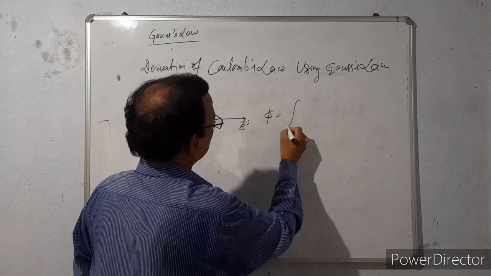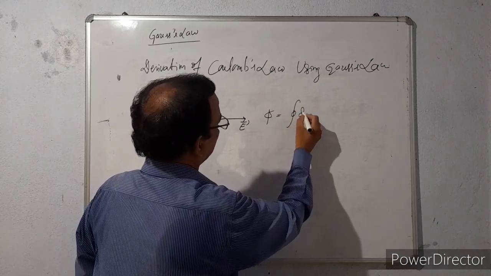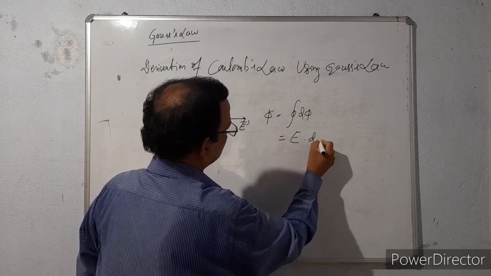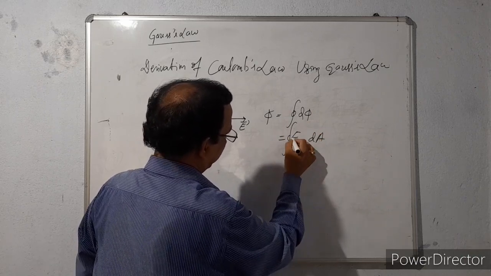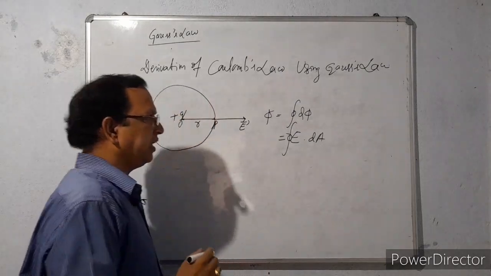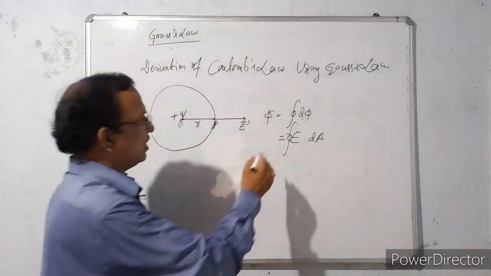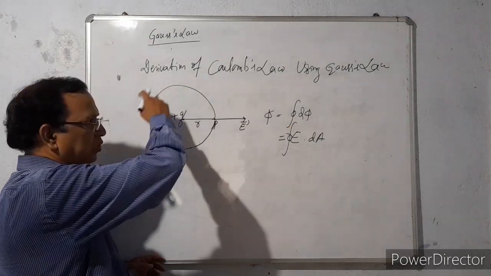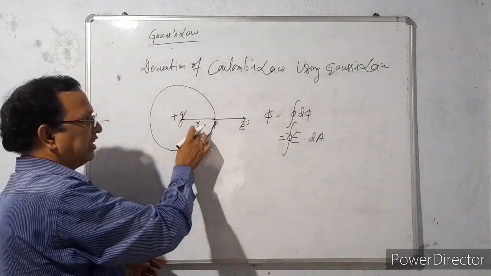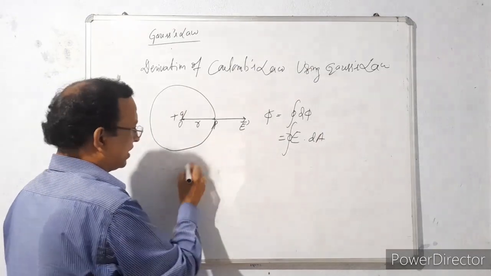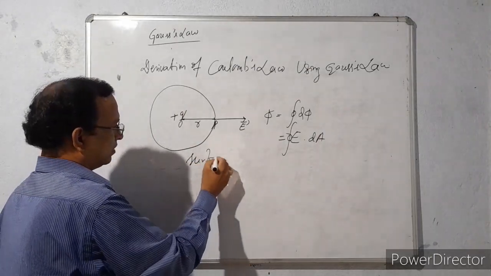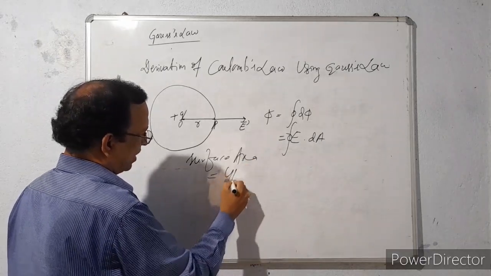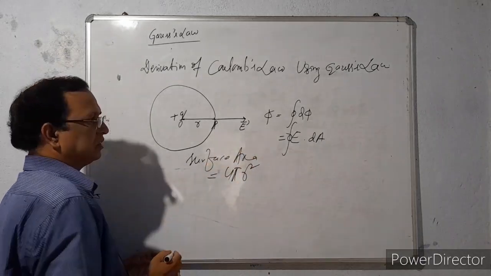Flux is equal to the surface integral of d phi, that is equal to the integral of E dot dA. Clear? dA is the surface area of a spherical structure. What is the surface area? Radius is r, so the surface area is 4 pi r square.